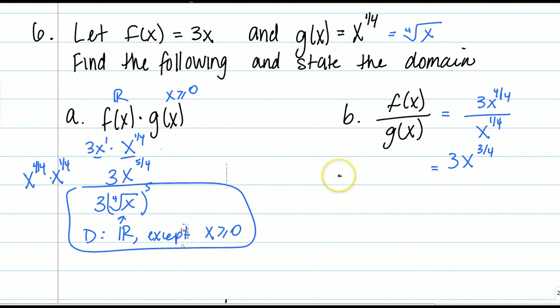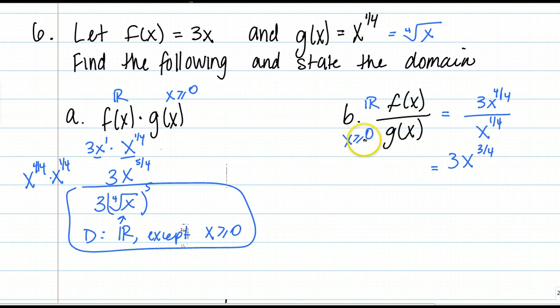And when we talk about the domain, we do need to look at these separately. Remember, we knew that f of x's domain is all real numbers. And we know that g of x has to be x greater than or equal to 0. But what if g of x equals 0, or x equals 0? Then we have a denominator of 0.